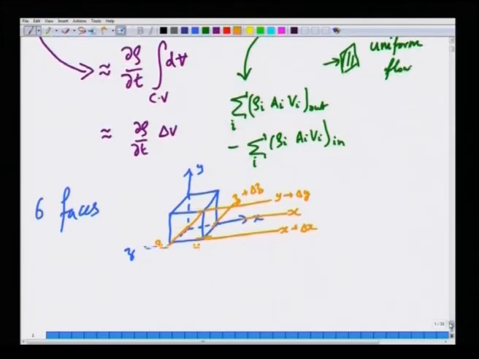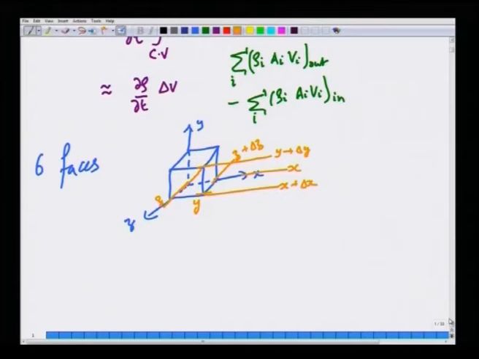Just for the sake of clarity, we are going to assume that fluid is going to enter the face at x, and it is going to leave the face at x plus delta x.